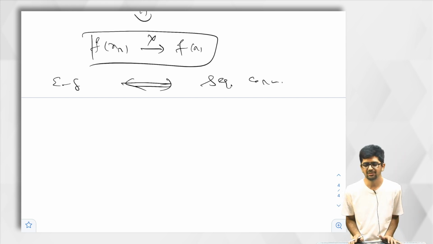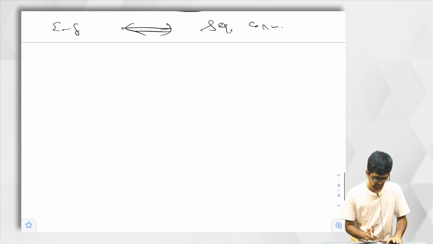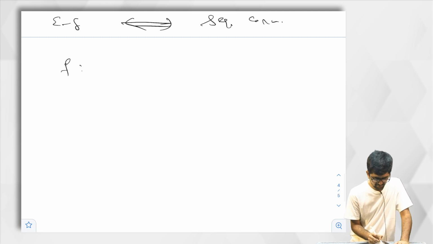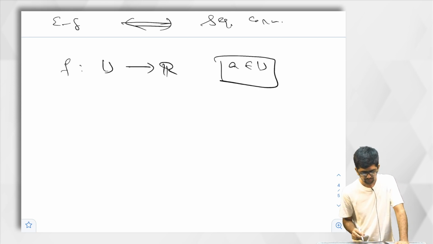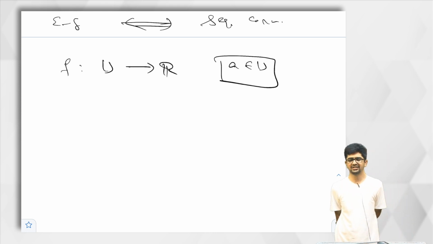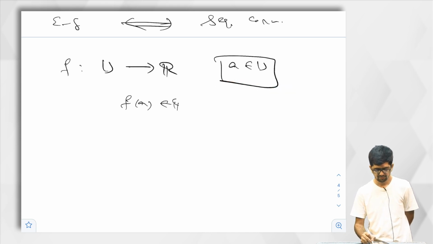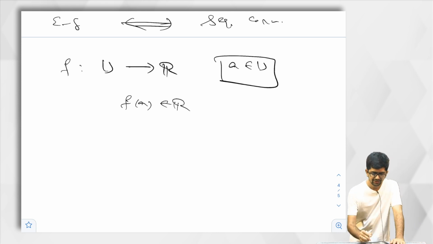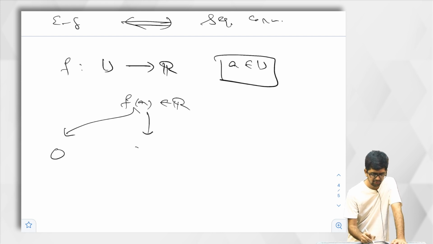Now, let us try to understand the behavior of the function, assuming it is continuous at some point. So, let us take a function f from U to R continuous at an element a belongs to U. The first question that we want to ask ourselves is the following. If a belongs to U, then f of a is an element of R. So inside R there are three possibilities: either this is equal to 0, or positive, or negative.